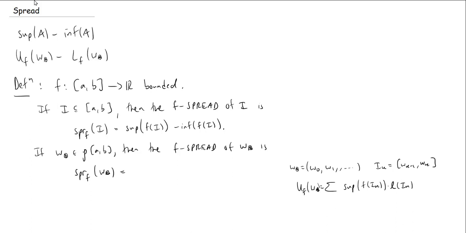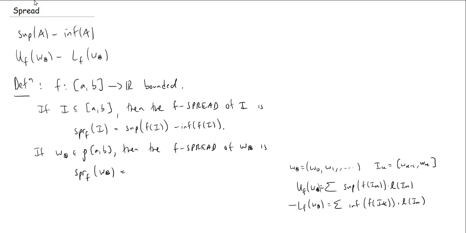I could also then subtract the lower sum, with the infimum of f on IK times the length of IK. Of course, I can put these together as one sum: I factor out the length, and I end up with the supremum of f on each IK minus the infimum of f on each IK.